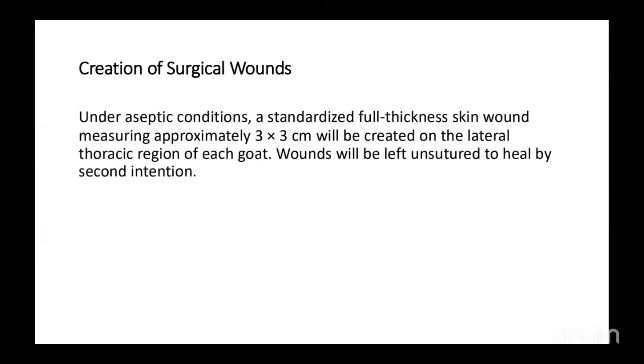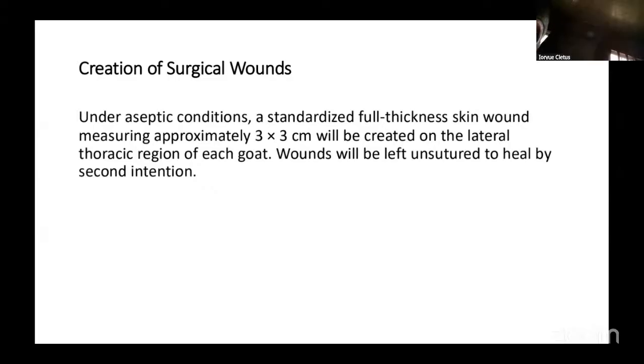I will start with the differences between surgical wounds. There are other wounds, as we all know, but surgical wounds are intentional injuries that we create during operative procedures on the animal, and they need very good care or management for them to heal.